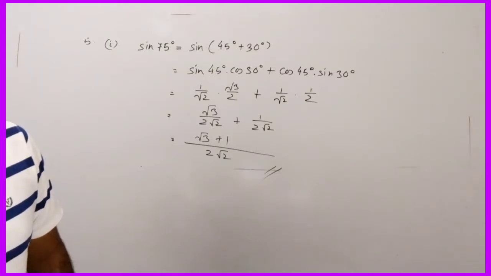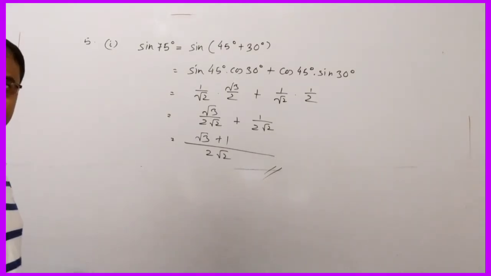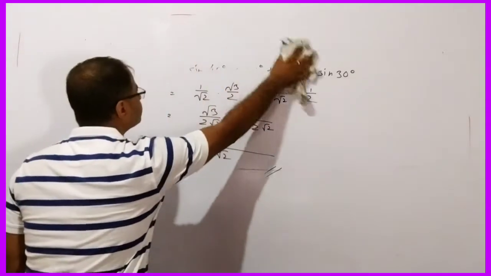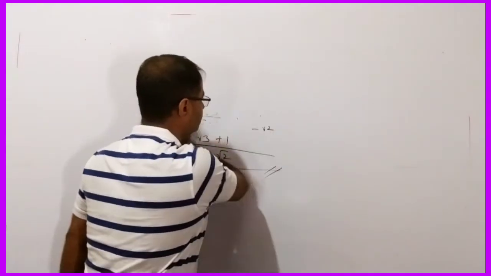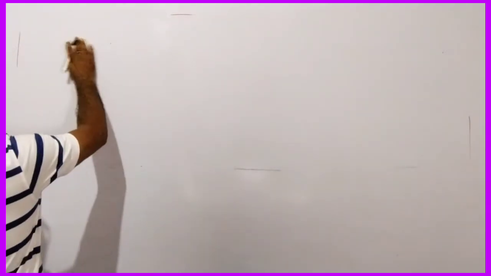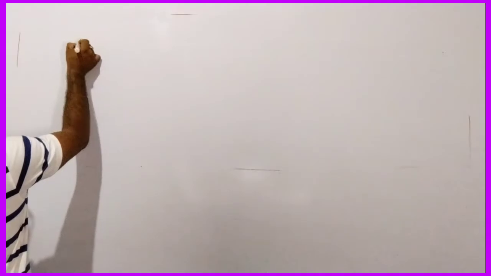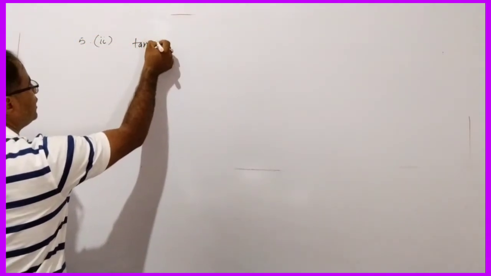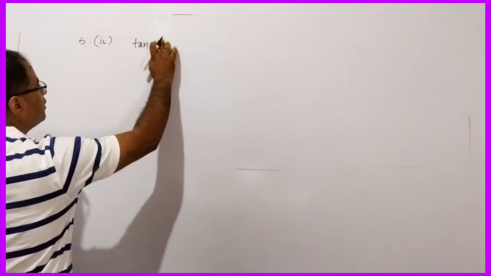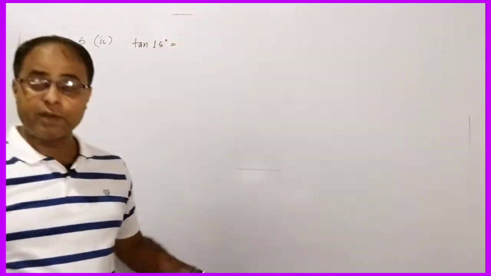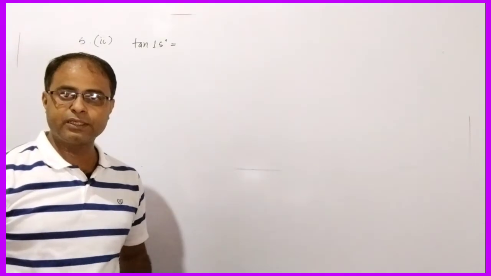Now tan 15 degree. Question number 5-2. Tan 15 degree. 15 degree is the difference between 60 and 45 or 45 and 30.